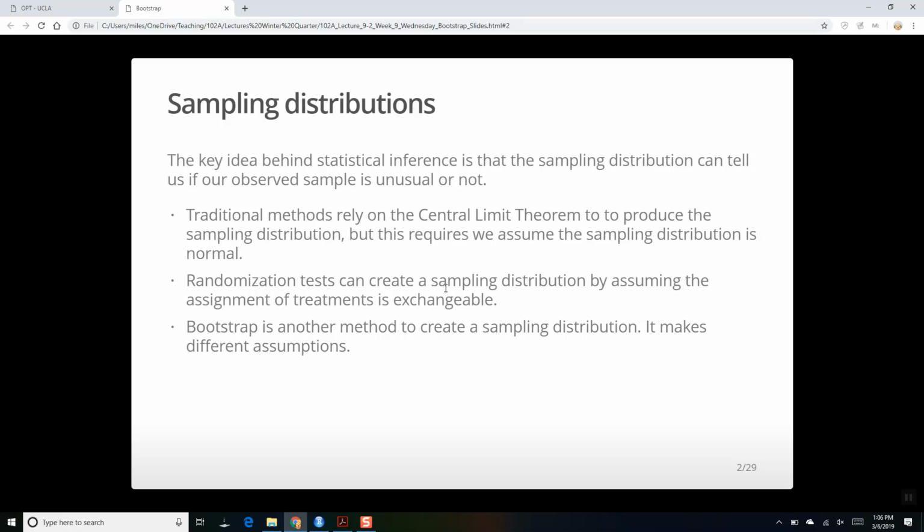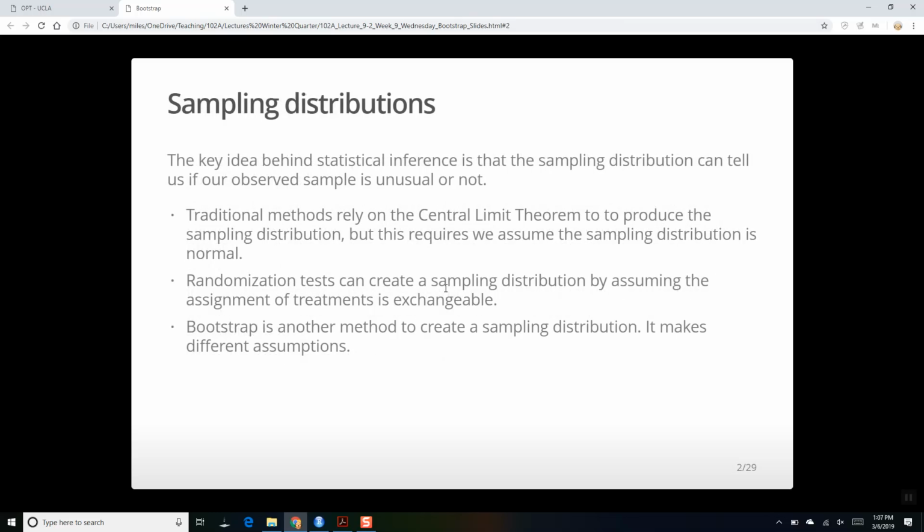That's the whole point. So we do have to make assumptions, and depending on the situation, the kinds of assumptions you might want to make will vary. In randomization tests, we assume the assignment of treatments is random, and thus any other permutation of assignments is equally valid. In Bootstrap, we're going to make a different set of assumptions, and we're going to talk about those today.